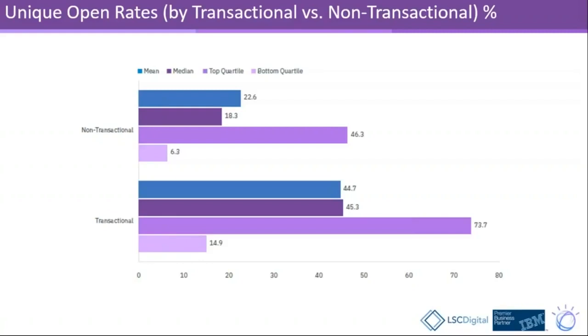And you can see that the transactional messages have a significantly higher, almost a doubling, open rate over those non-transactional. And it's really simple why that is. Fundamentally, those transactional messages are things that you have either asked for, or they're driven by your behavior, right?